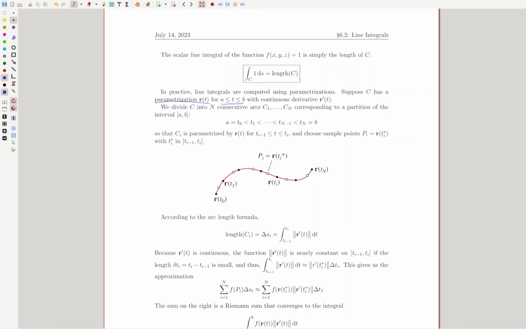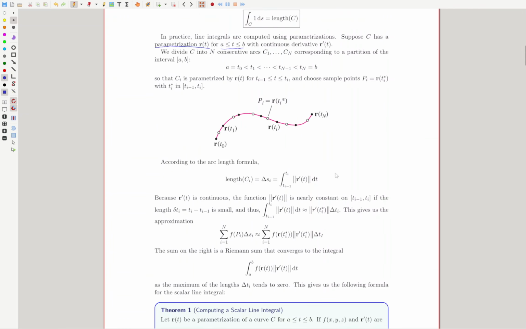So the point is that the expression that we started out with can end up being approximated by a version that uses the parameterization. And then the parameterization is easier to work with in practice, like through calculus.